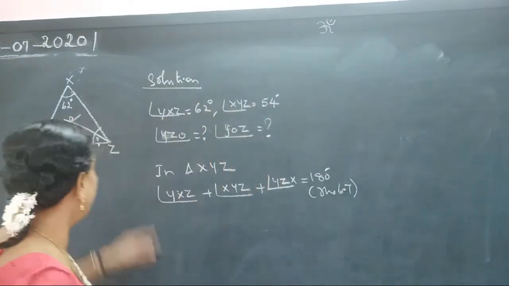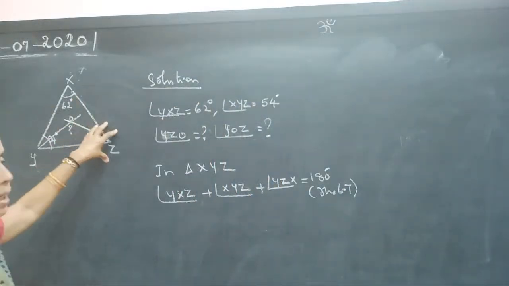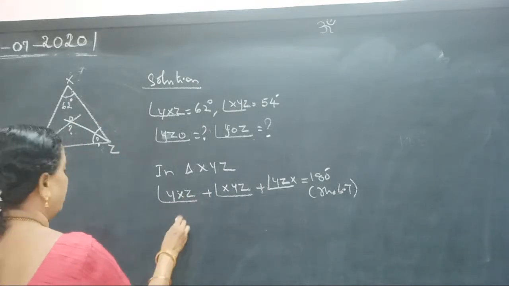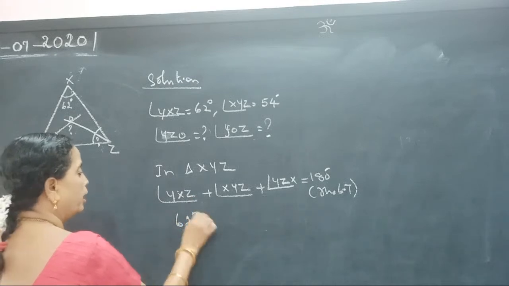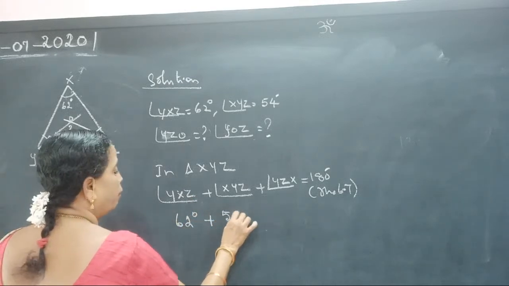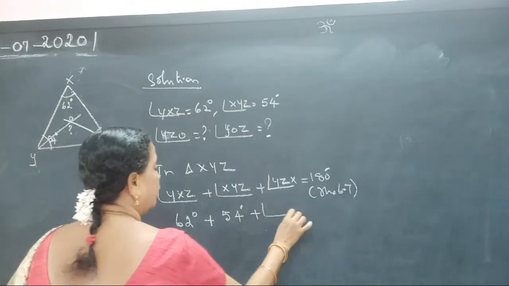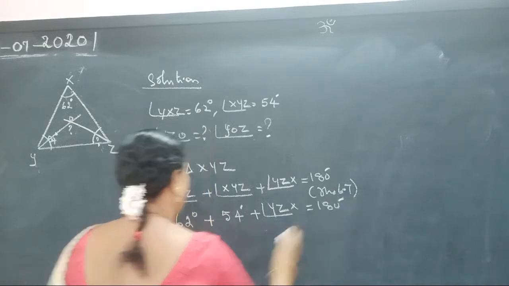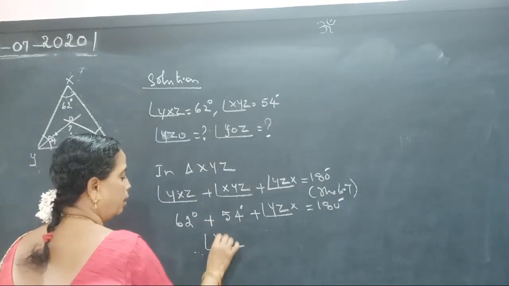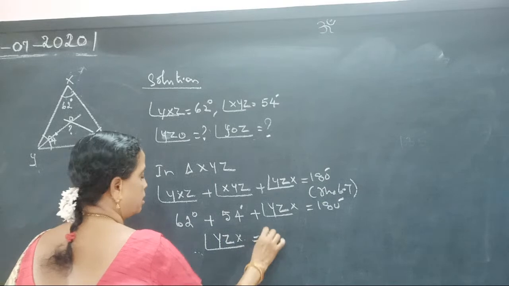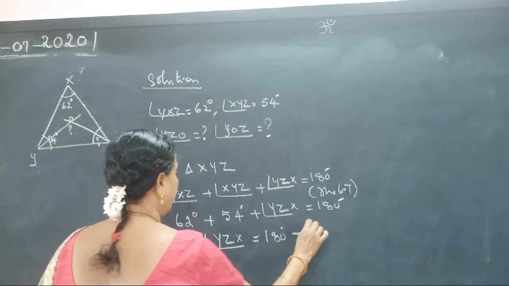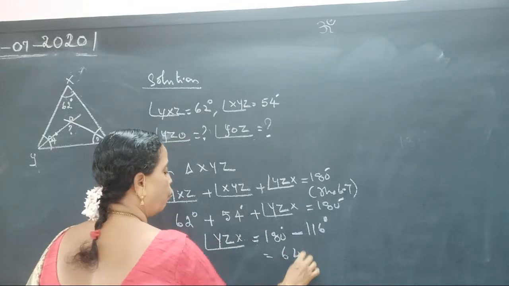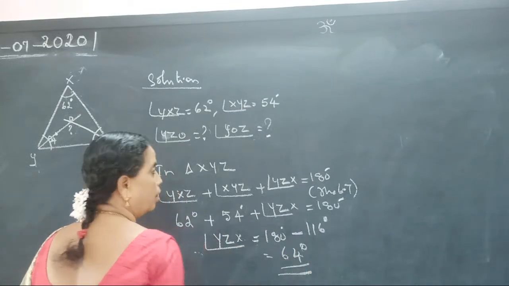So adding these two angles you can get angle Z. What is angle YXZ? It is 62 degree. This is 54 degree. And YZX equals 180 degree. Therefore, angle YZX equals 180 degree minus 116 degree. It is 64 degree. Okay.